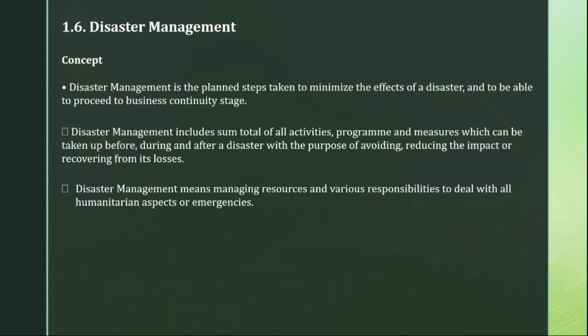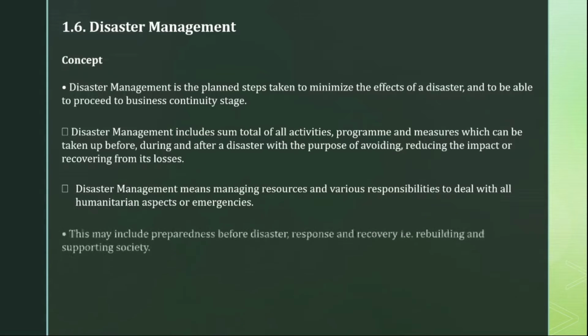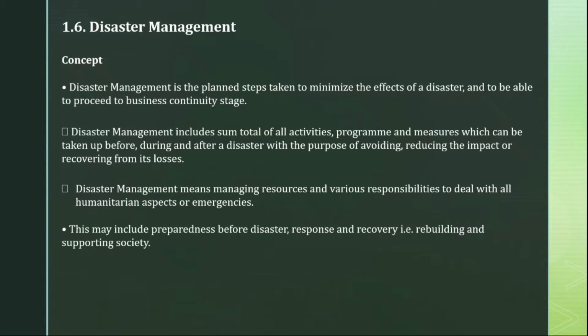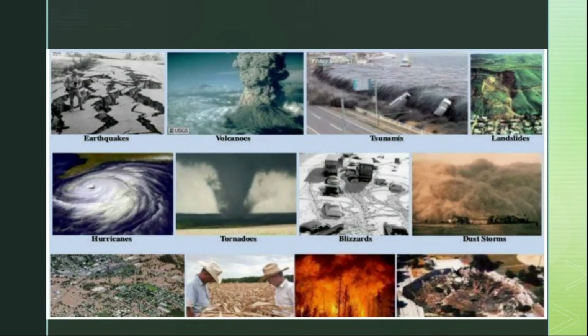Okay, so what are the aims of this disaster management? There are three main aims for disaster management. So what is the first aim? The first aim is to reduce the potential losses, or we can say to avoid some losses which occur from the hazard.